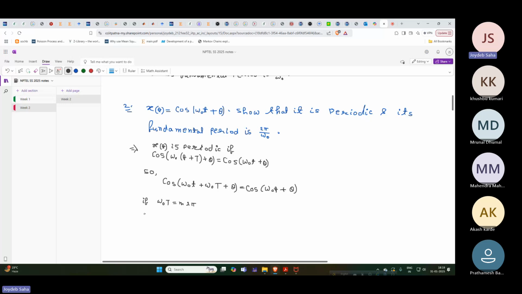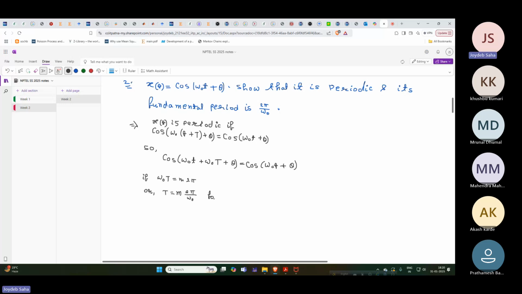Or we can write T is equal to m into 2 pi upon omega 0, right?